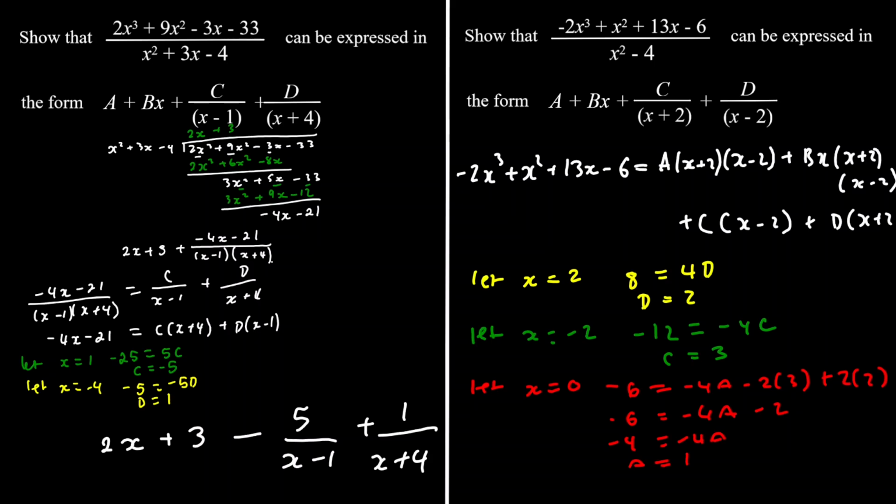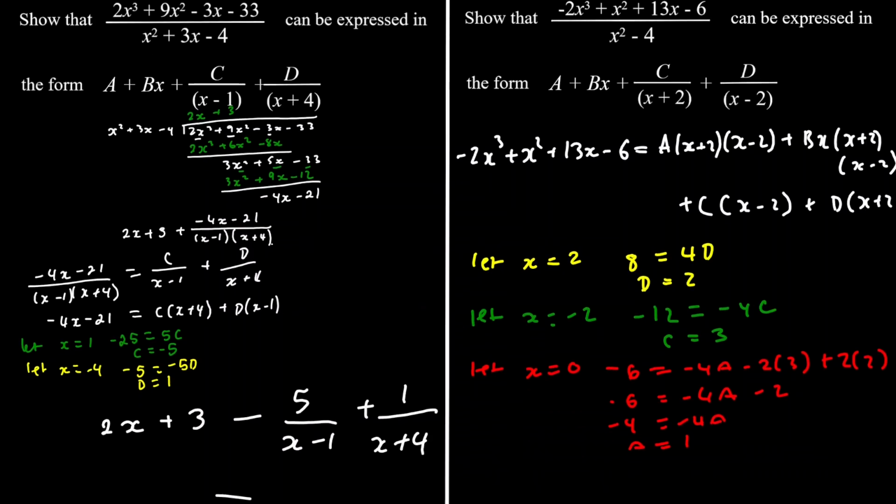And then we just need to find b. So we can let x equal 1. So 14, take away 8 is 6.